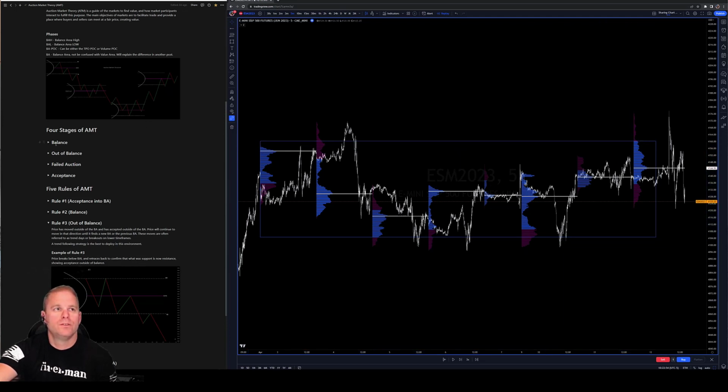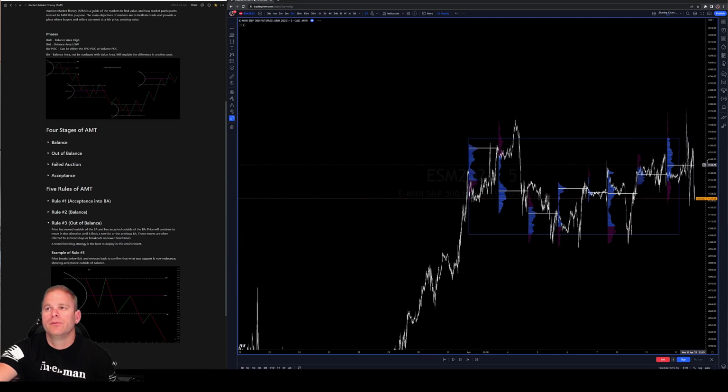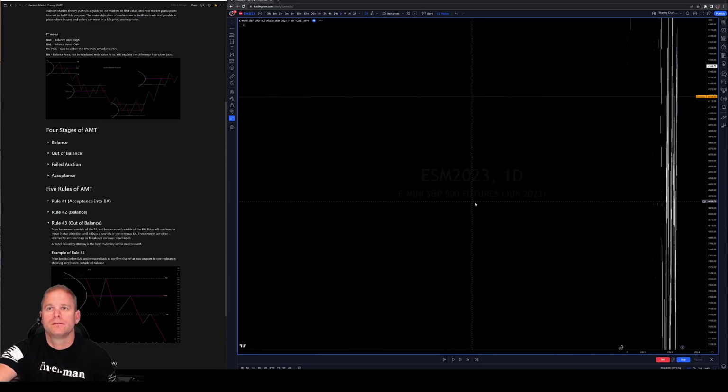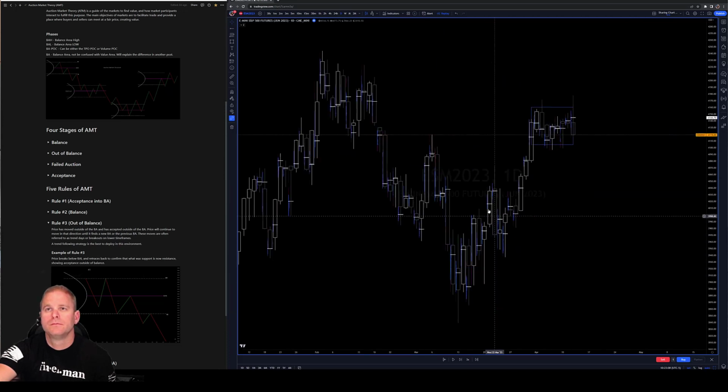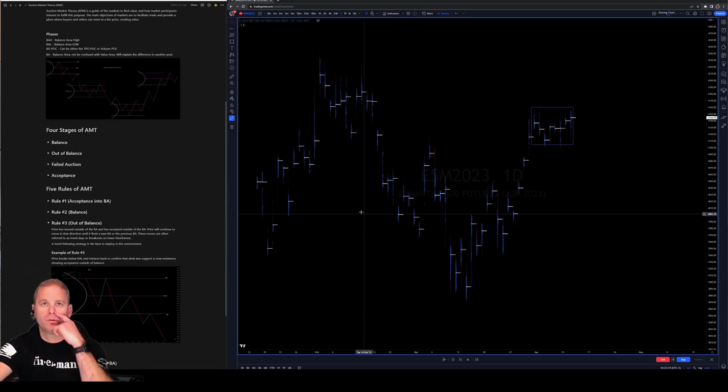So each one of these rules and stages go through the process, what you're expecting. And on a higher time frame, let's go to the daily, and let's remove. I wanted to get to this point as well.